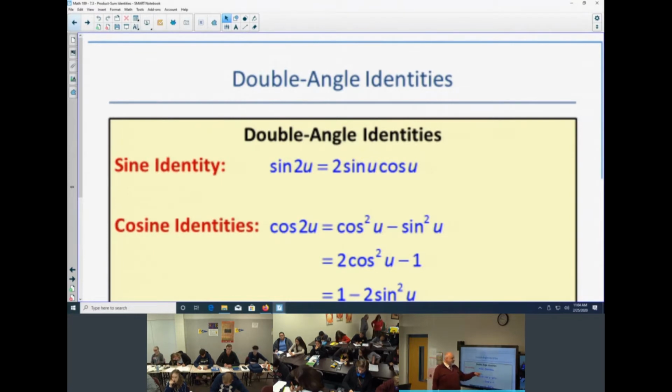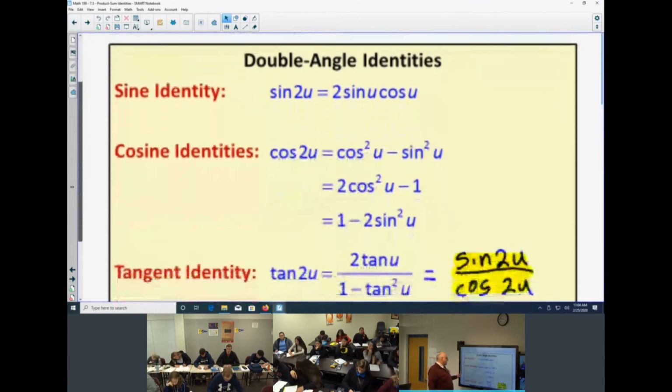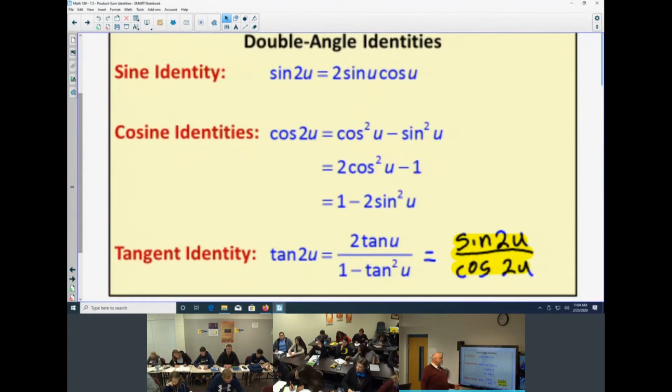Cosine 2u actually has 3 different versions of the identities. And so you actually use whichever one you want or whichever one is most appropriate in the problem. Okay? The tangent 2u, this is the formula that's in the book. So right now I would like you to add that also to the tangent 2u. This is a formula that's not in your book, but if you already know the sine of 2u and the cosine of 2u, then you can just divide those and get the tangent of 2u.